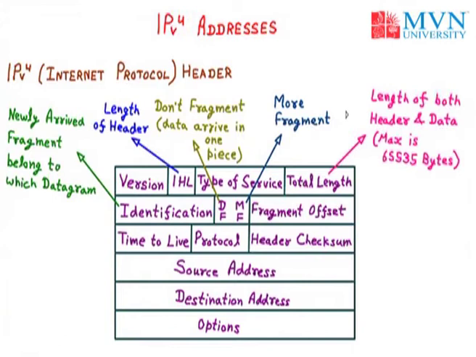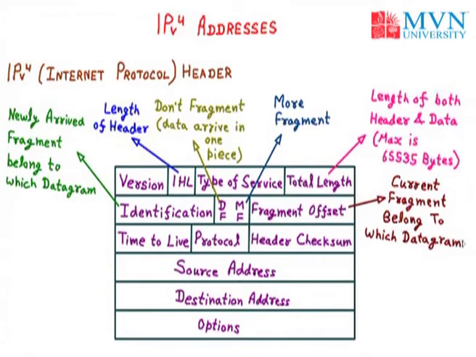So that is all about MF, called more fragment. Next, we have the field called fragment offset. So what is the fragment offset? The fragment offset field defines which datagram the current fragment belongs to. For example, if we are receiving a particular fragment, which datagram that fragment belongs to is defined by the fragment offset.